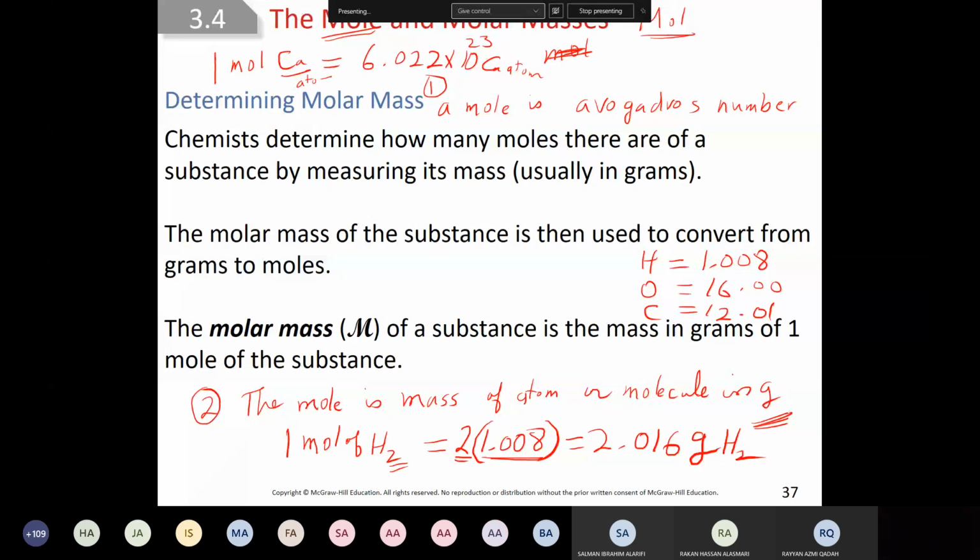But to solve problems, we will do it now. So if I have 1 mole of H2O, then how many grams is this?